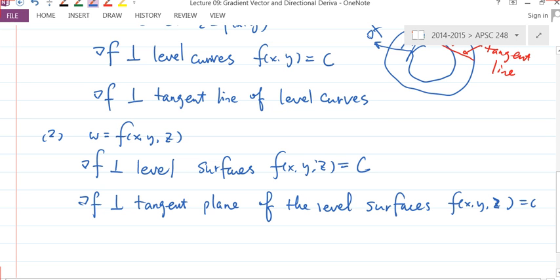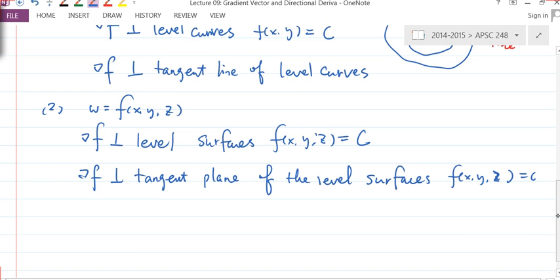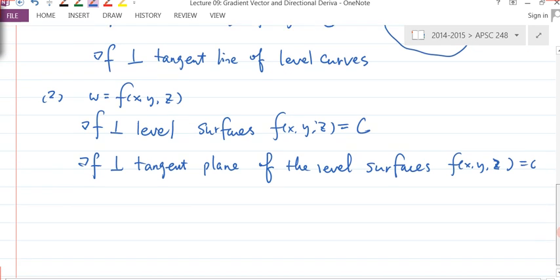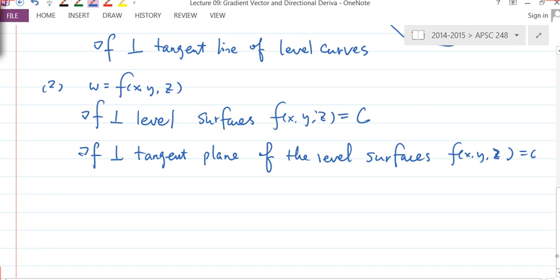What does that mean here? Let me first explain a couple of very simple things, since I find it often a little confusing. I give you z equal to f of x, y, for example x squared plus y squared.